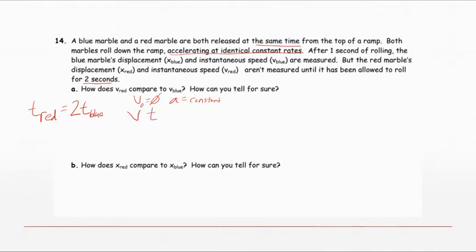Well, I know that velocity is equal to v initial plus acceleration times time, and my v initial is 0. So v is equal to acceleration times time. So if this is v blue, then v red is equal to acceleration times 2 time.